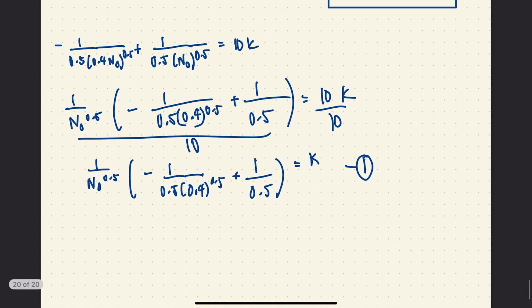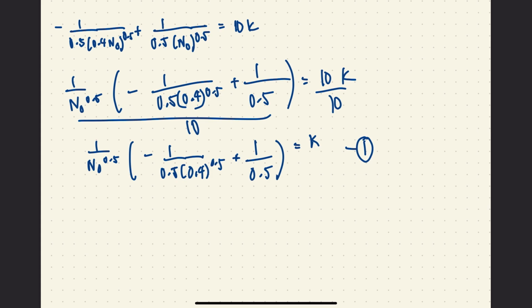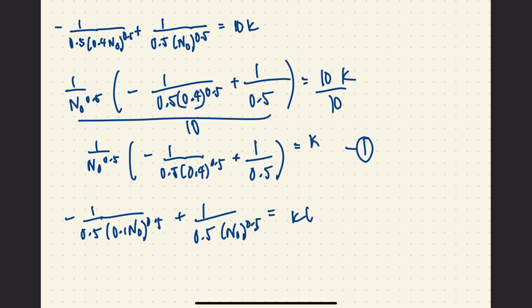So your second equation will become pretty much the same thing: negative 1 over 0.5 times 0.1 n0 raised to 0.5 plus 1 over 0.5 n0 raised to 0.5 is equal to kt.